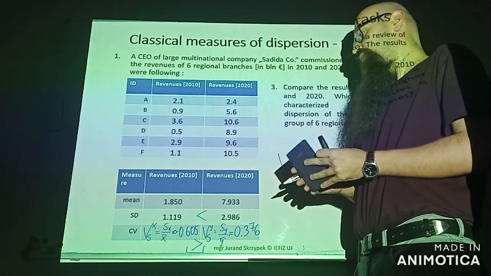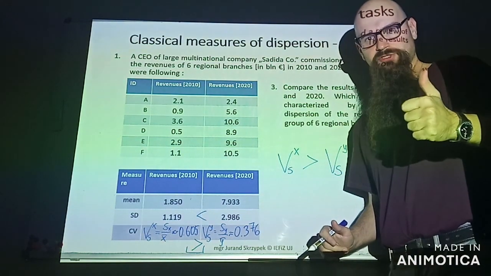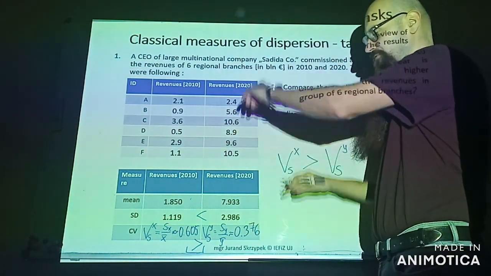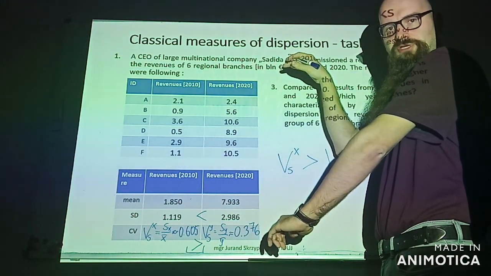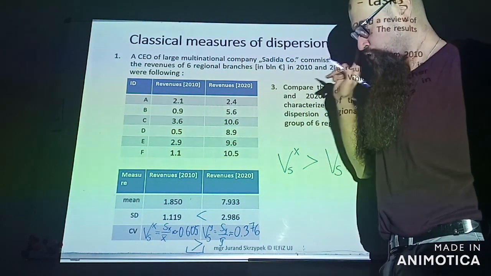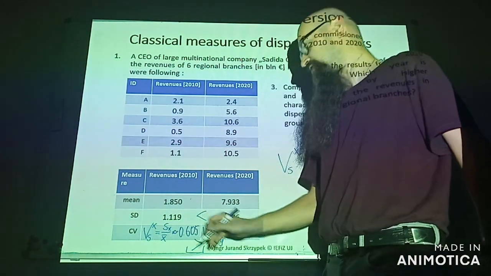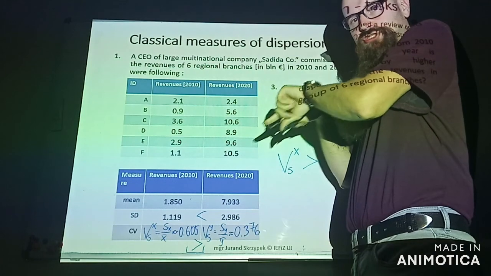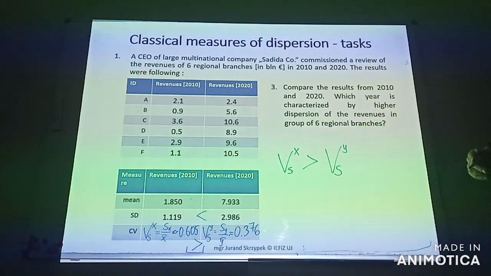But we must remember, always, this is very important, always, in the situation where we have huge differences between the typical levels of considered phenomenon, huge differences in arithmetic mean, we should use coefficient of variation, because we express the average deviation in relation to the typical average level of considered phenomenon.